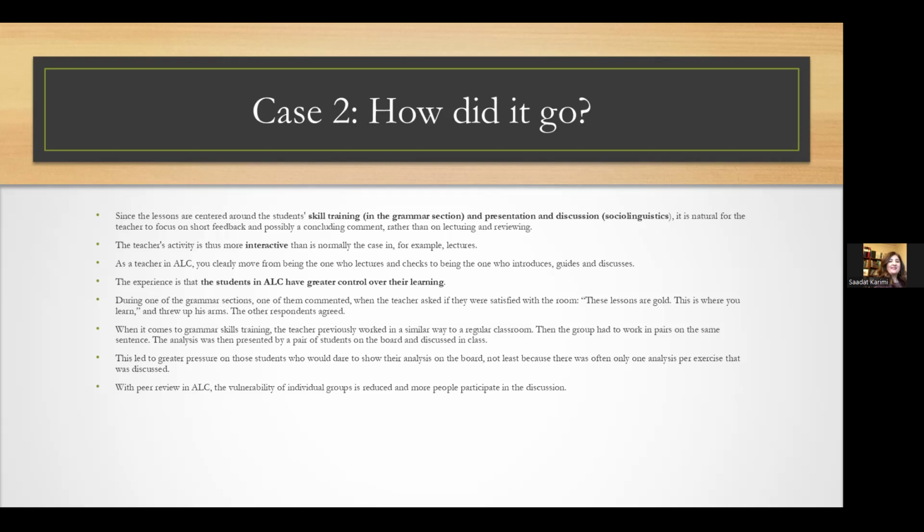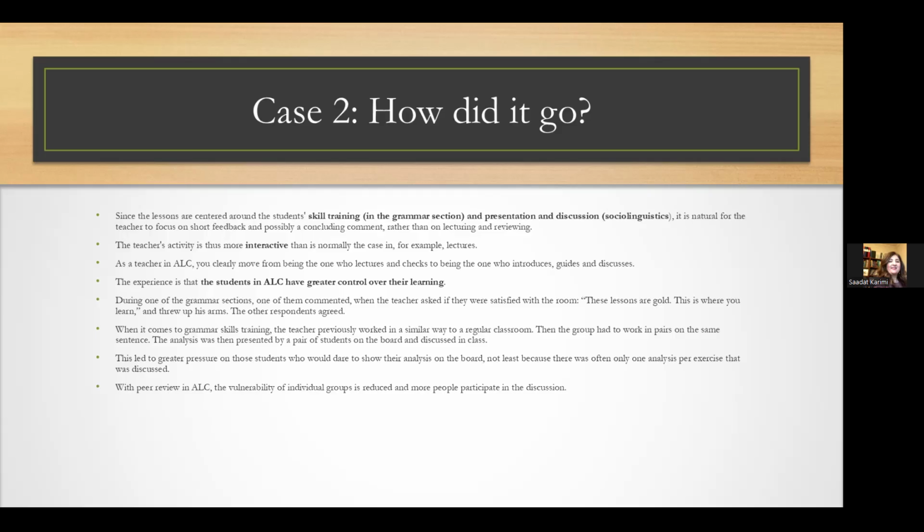When it comes to grammar skills training, the teacher previously worked in a similar way to a regular classroom. Then the students had to work in pairs on the same sentence. The analysis was then presented by a pair of students on the board and discussed in class.